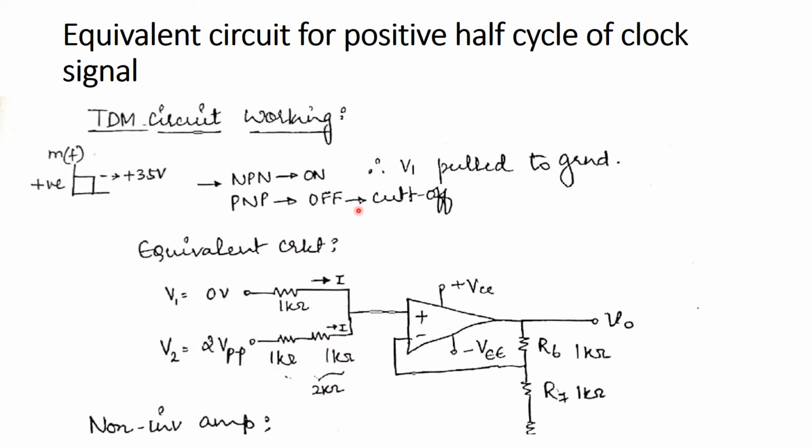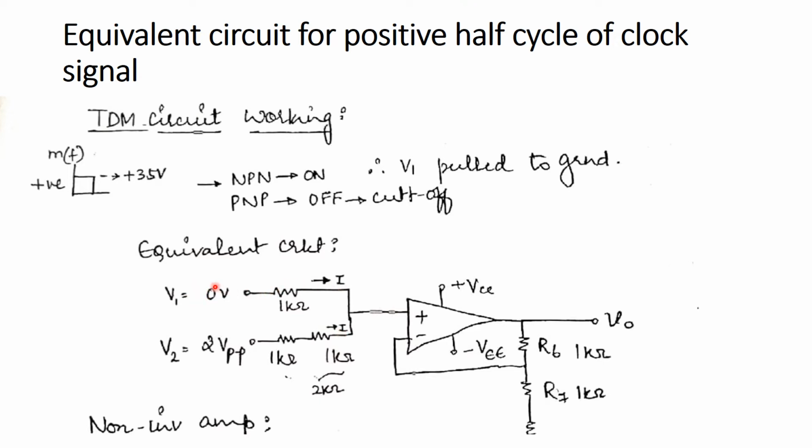Now for this particular case, as we know, NPN will be on and PNP will be off, so this will be in the cutoff region. And V1, that is the sinusoidal signal, will be pulled down to ground. So this is the equivalent circuit for the positive half cycle of the clock.